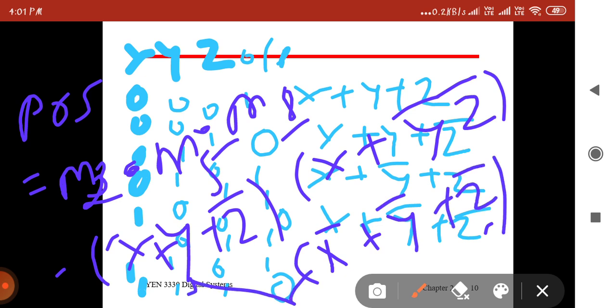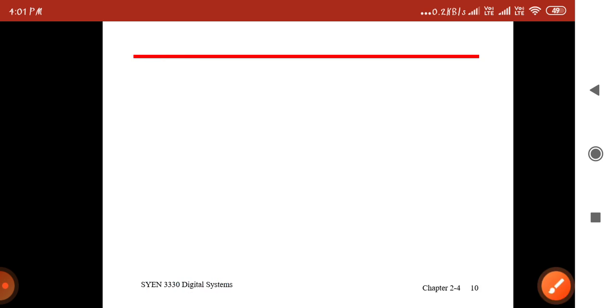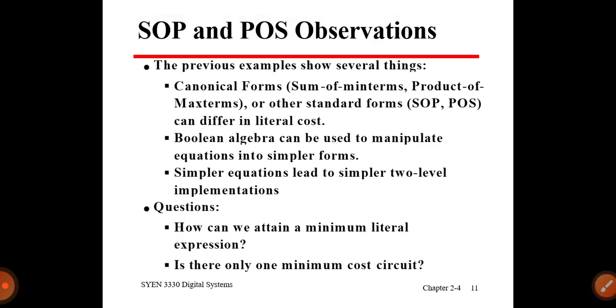If you simplify these equations, you can get the output. This is the way to calculate the max terms. Product of the max terms can be called a POS. In this session, we have to discuss the SOP and POS observations. The previous examples show several things you have to study.